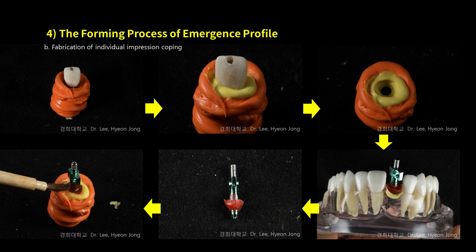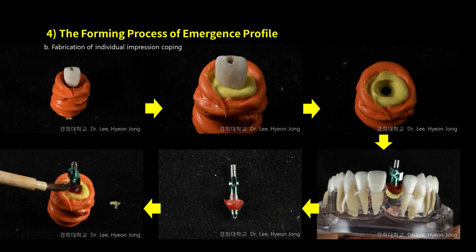Customized, individualized impression coping can be made. Now the molding is completed using a temporary. Now, as soon as the temporary is removed, the gum is shrunk. If you have an intraoral scanner, you can take the impression, but it doesn't work that way always.